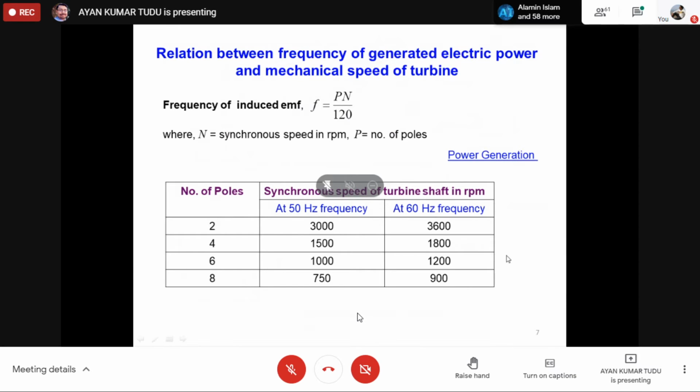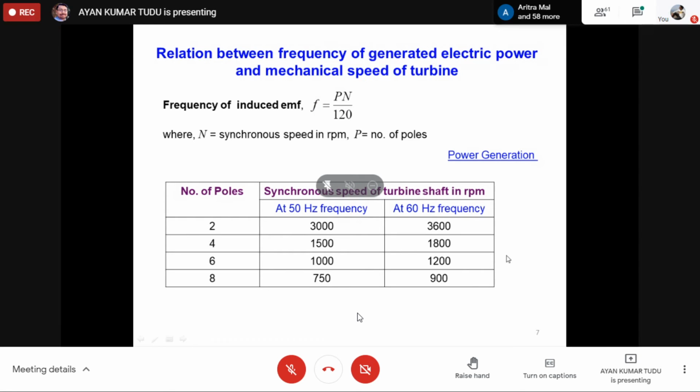Please remember this equation, because as an electrical engineer, this is the equation that will be helpful for you after 4 years. This equation is required everywhere. At 50 hertz frequency and 60 hertz frequency, depending on the number of poles, the synchronous speed is also given here.